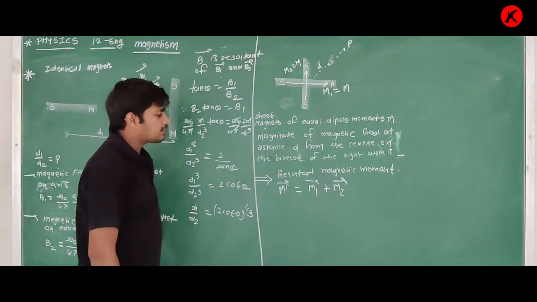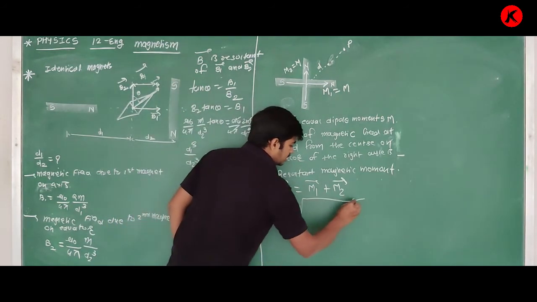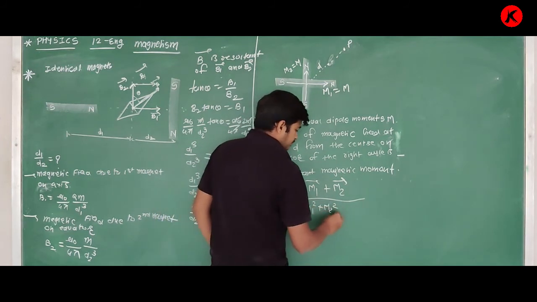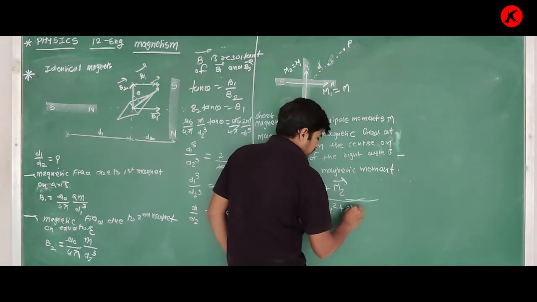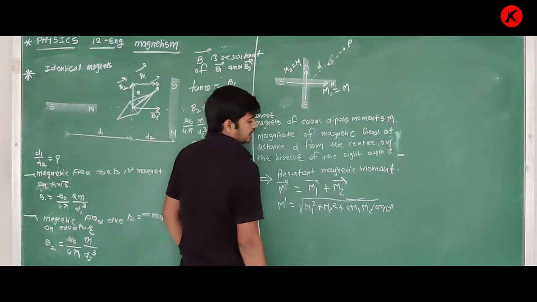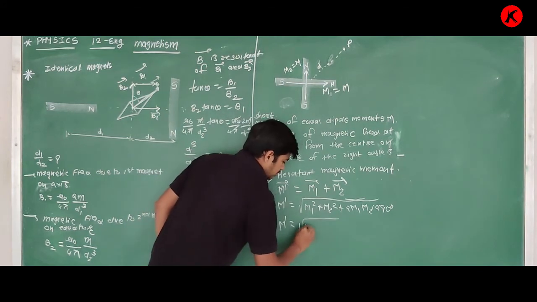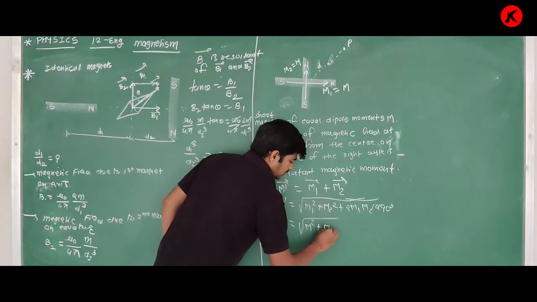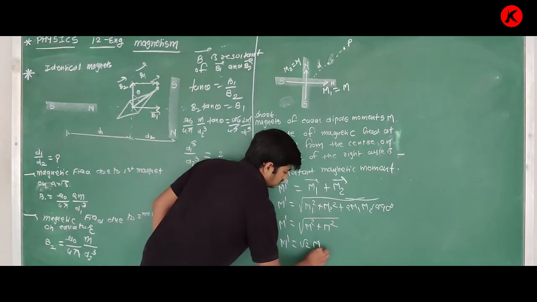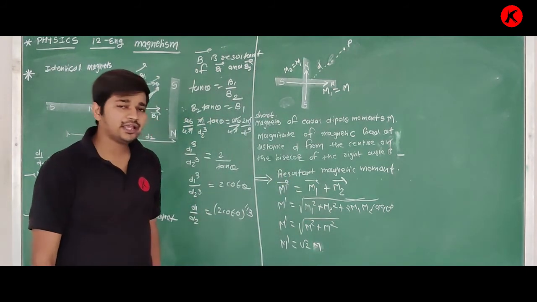As m1 and m2 are perpendicular to each other, I can say that m dash is equal to under root m1 square plus m2 square plus 2 m1 m2 cos 90. Cos 90 is 0. So m dash is equal to under root m square plus m square. So m dash is equal to root 2m.